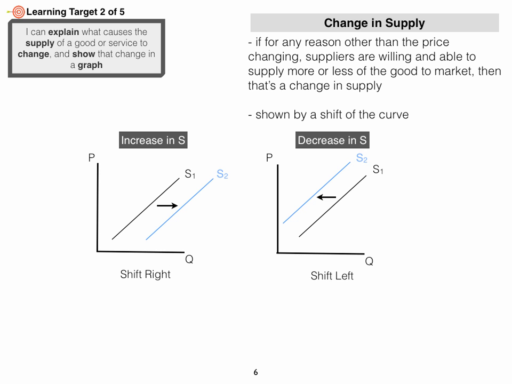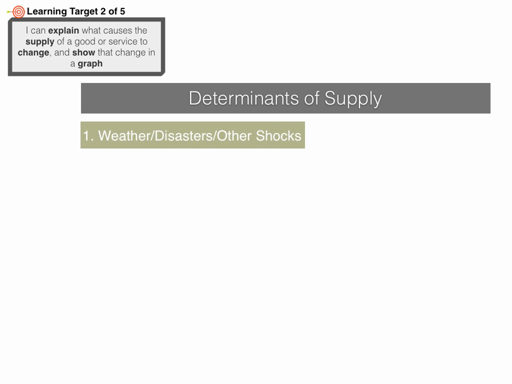Now, what are those reasons that, other than price changing, businesses are willing and able to make and supply more or less of a good? Let's take a look at the determinants of supply, the shifters of the curve. First, weather events, disasters, either man-made or natural disasters or other types of shocks which could interrupt the making of a product, could perhaps destroy resources.